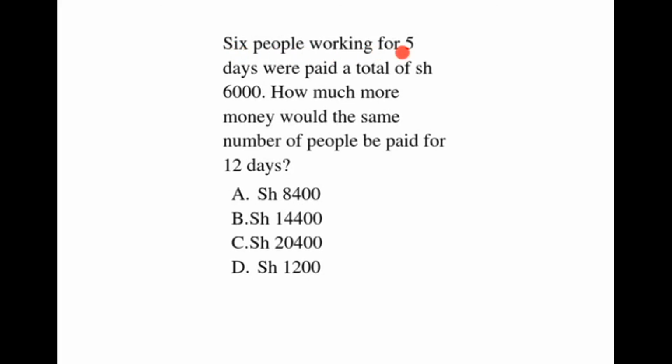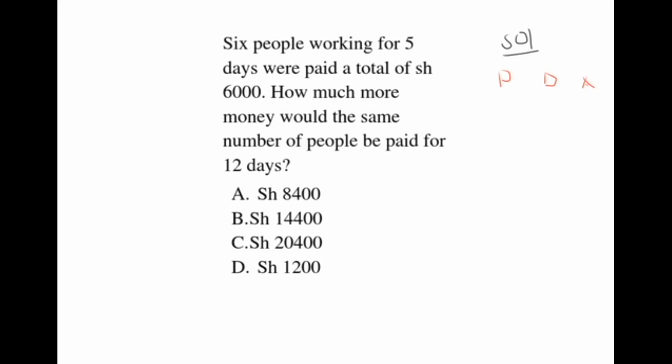Six people working for 5 days were paid a total of 6,000 shillings. How much more money would the same number of people be paid for 12 days? Solution. Let us have P to represent people, then D to represent days, and A to represent amount.